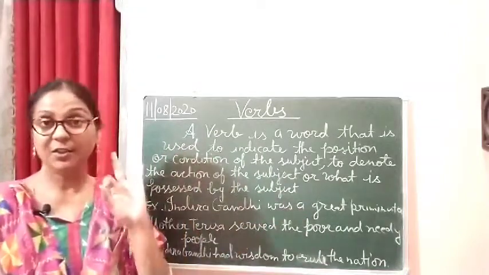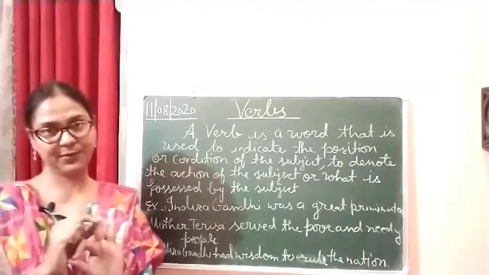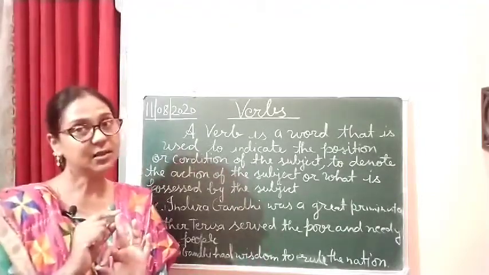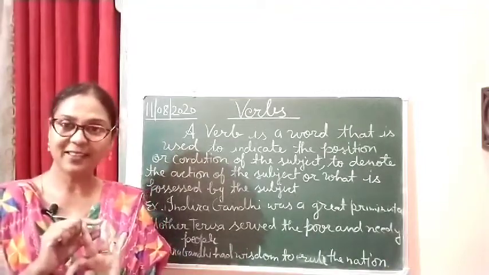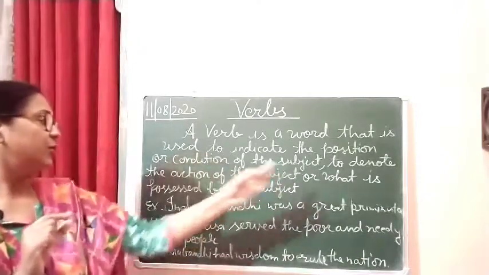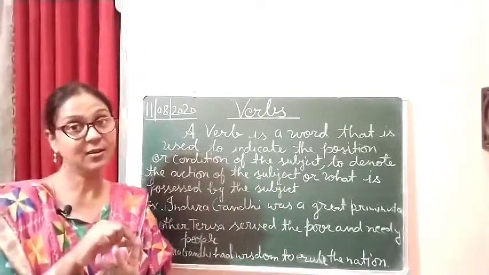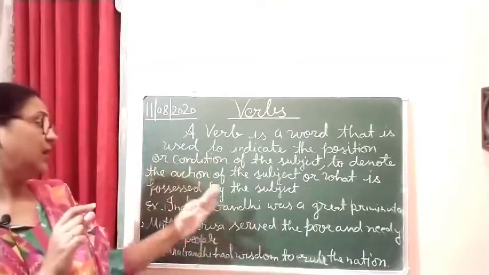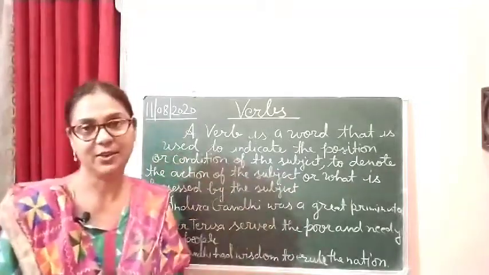Now here, three things we have to consider in verbs. First is the position and condition of a subject. Second, to denote an action by the subject. And the verb also denotes what is possessed by the subject.